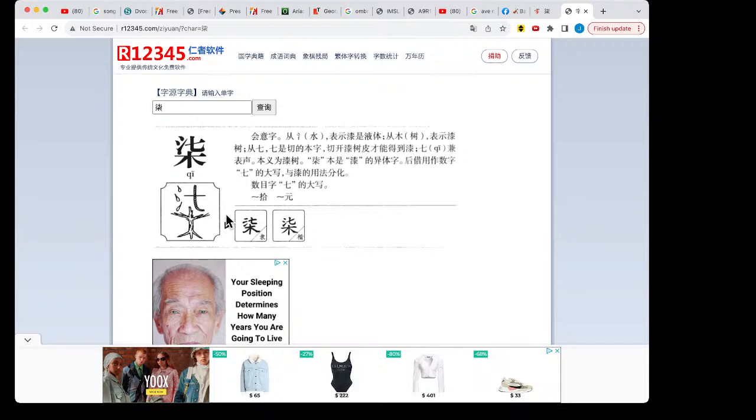Which means you have to cut the bark of the tree to collect the tree sap to make the paint. So that's the original meaning of this character. Now it's only used when you're writing checks for 7.